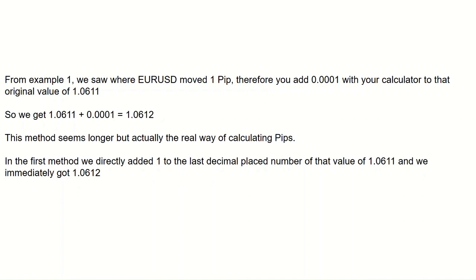But in this method, which is the longer but more appropriate way of calculating pips, as I already said before, we start calculating from the fourth decimal place number. Since EUR/USD made a movement of 1 pip, it means it made a movement of 0.0001. So we add that to the current market price, and it gives us 1.0612.